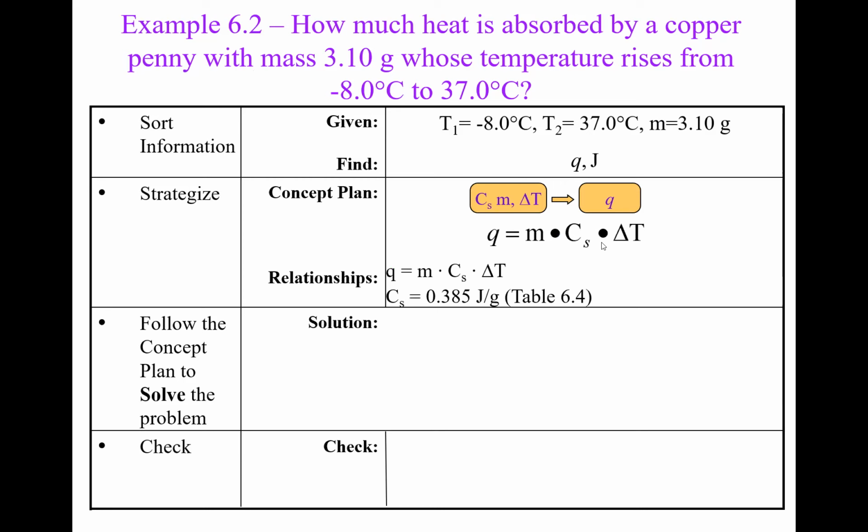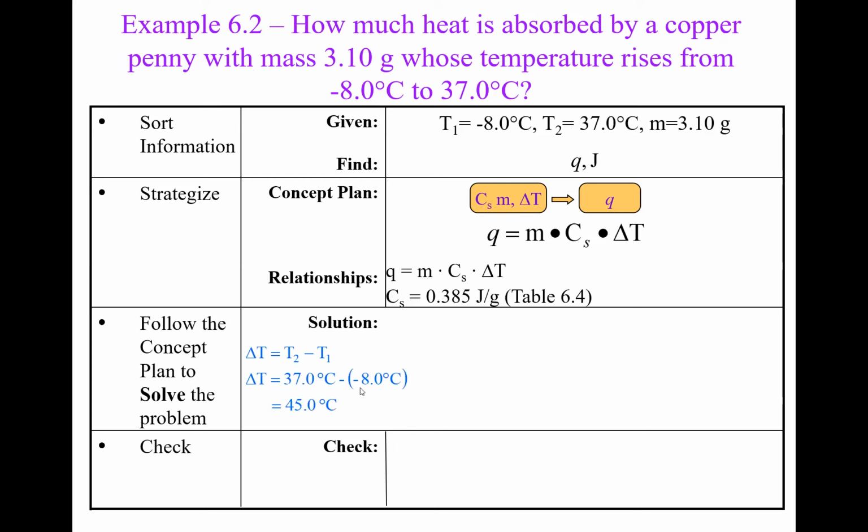We know that our MCAT equation is what gets us there. And now you can see the little delta here makes it look like an A, so MCAT. That's where the MCAT comes from. And now it's just plug and chug. We've got three of the things that we need, and we're solving for the fourth.